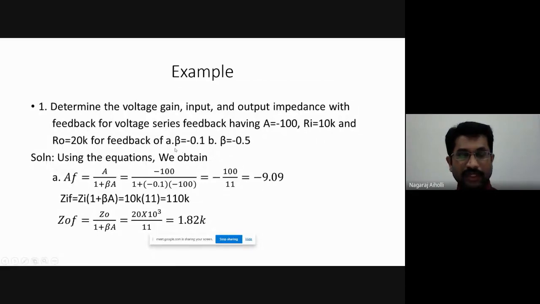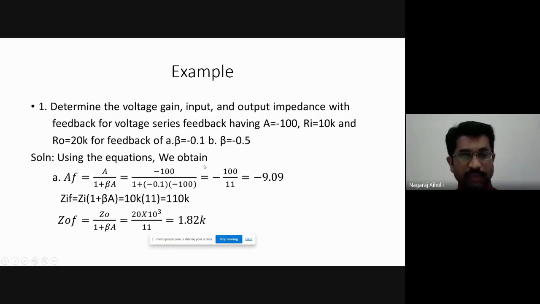For the first one, beta is minus 0.1, and for the second one, beta is minus 0.5. We have to use the equations and solve for the voltage series feedback amplifier. The same question may be asked for voltage shunt feedback amplifier, then you have to use the equations of voltage shunt feedback amplifier and solve it. Okay, let us solve this.